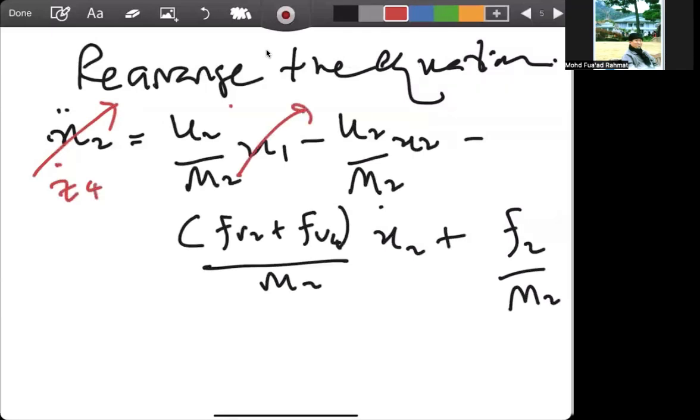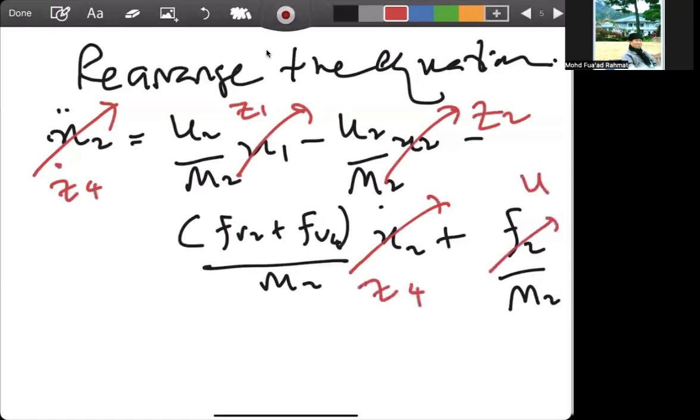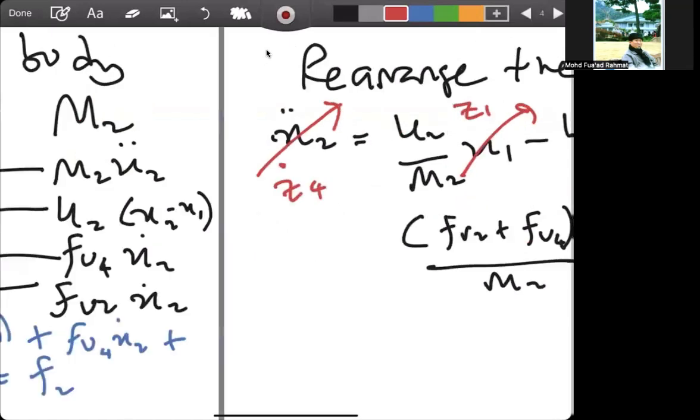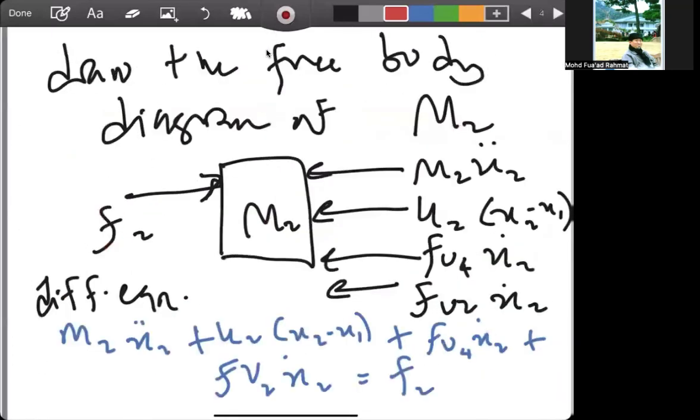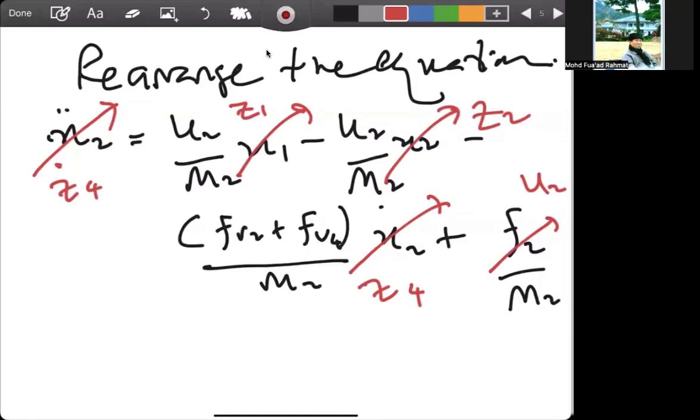This one is Z1, this one is Z2, this one is x2 dot, Z4, and this one is U2, the second input. So the first input we label as U1, the second input as U2, so it is easy for us to reconstruct the state equations.